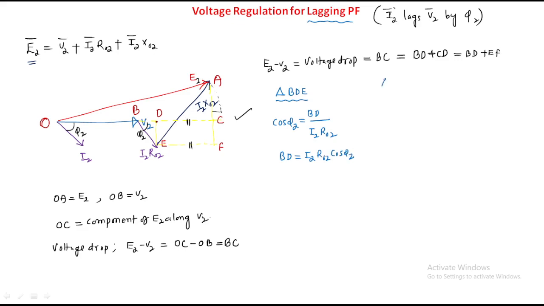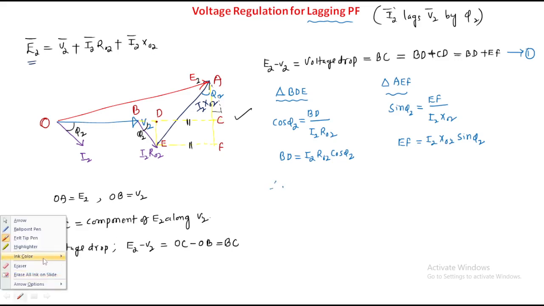Like that, from triangle AEF, this is also phi 2 only. From the triangle, sin phi 2 is equal to opposite side, that is EF by I2 x02. From this, EF should be equal to I2 x02 sin phi 2.